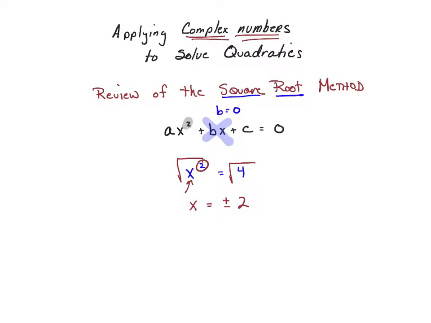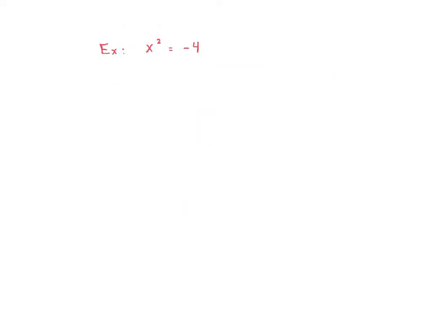Okay, now today what we're doing is exactly the same as this process, the square root method, except previously when we had a problem such as this example, when we first did this and I said, hey, square root both sides, we could not square root a negative number. We didn't have the mathematical knowledge to do that because you can't take the square root of a negative, because there's no two numbers that multiply together that give you a negative.